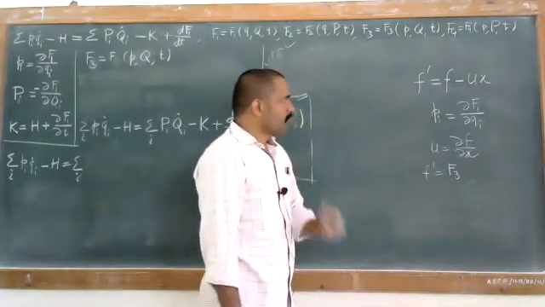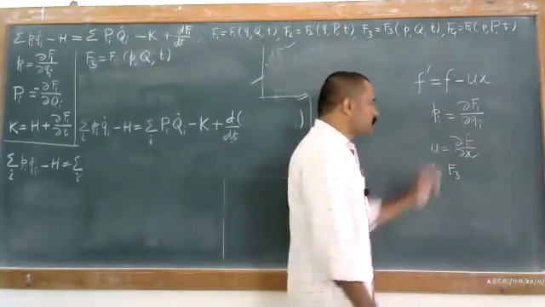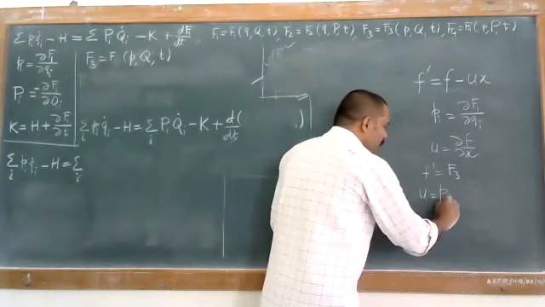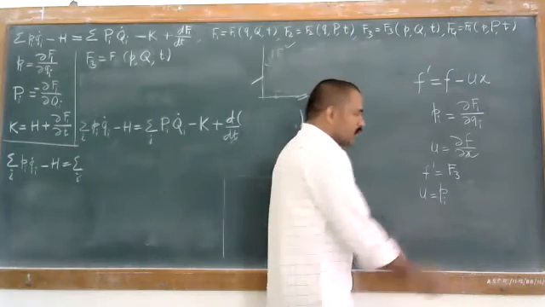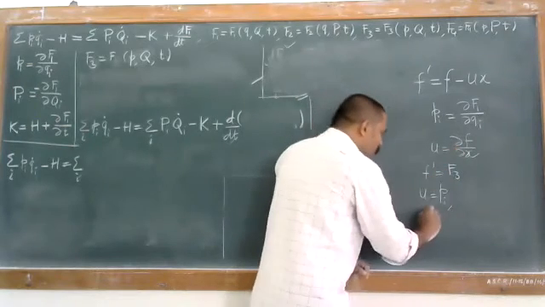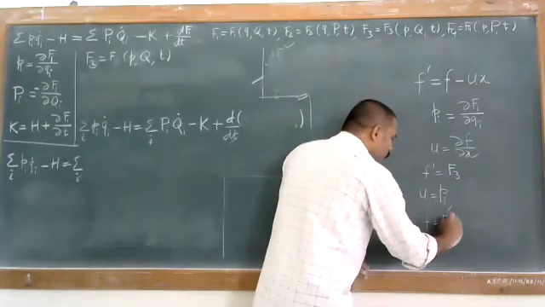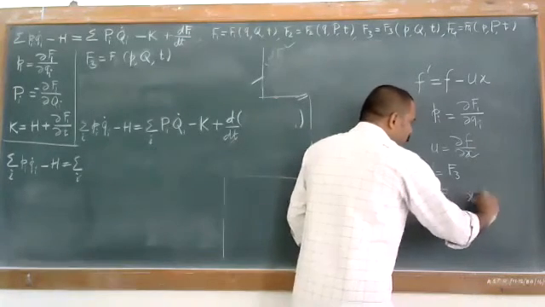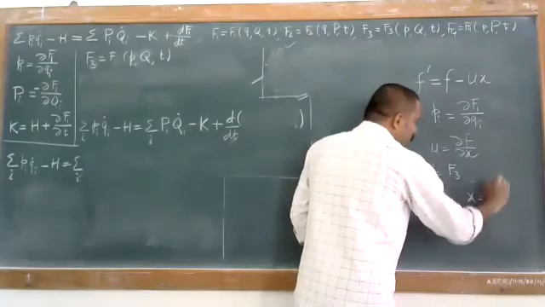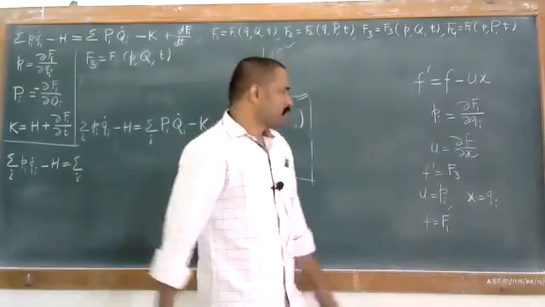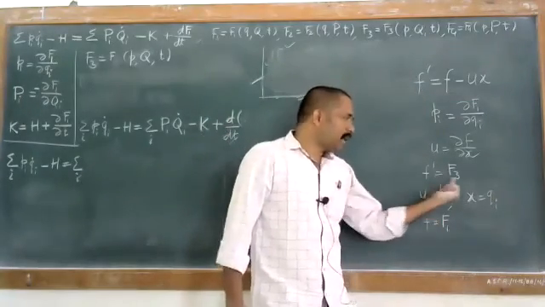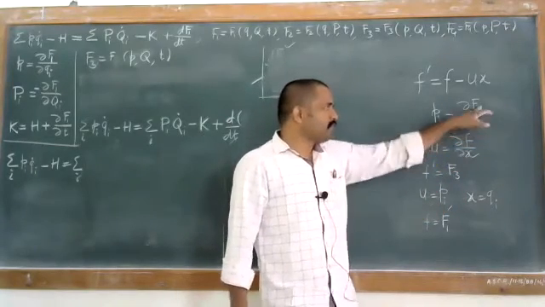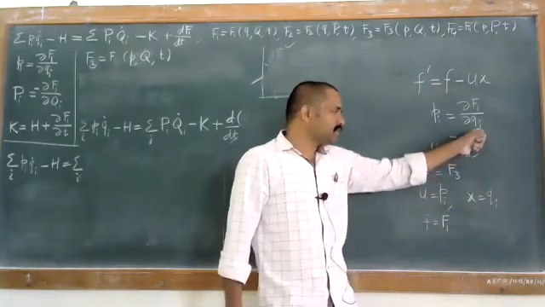Second thing, just compare these two equations. We'll have u is equal to small pi. Then small f is nothing but f1. Then small x is nothing but q1. So f dash is f3, u is equal to pi, f is nothing but f1 and x is nothing but q1.